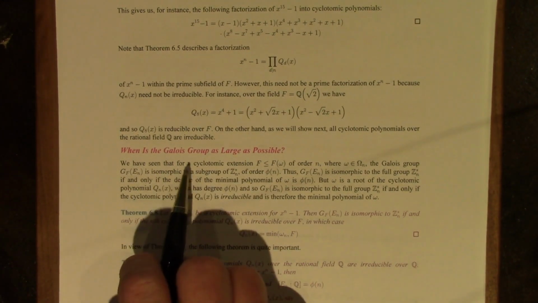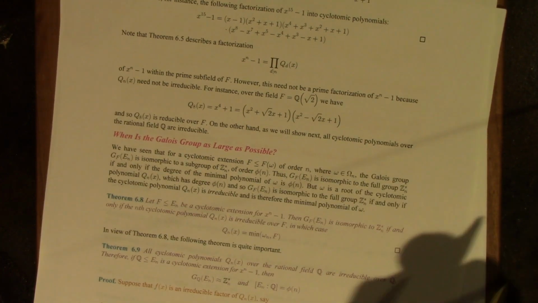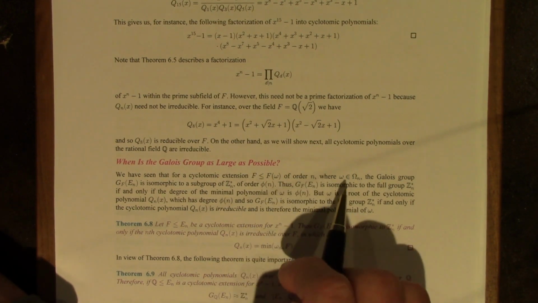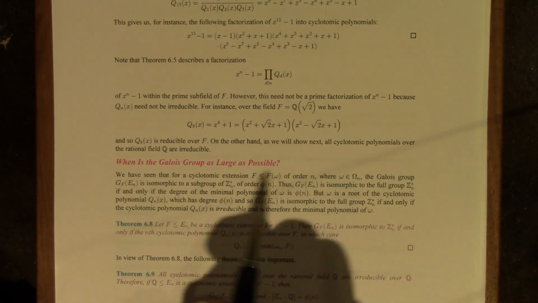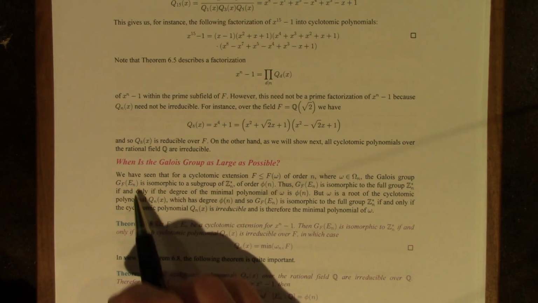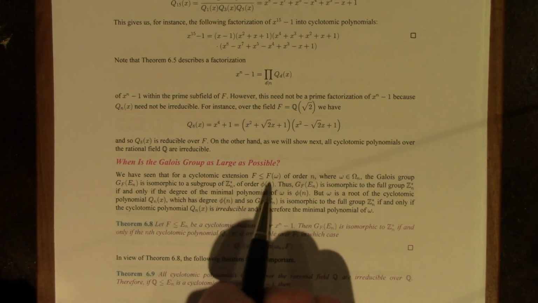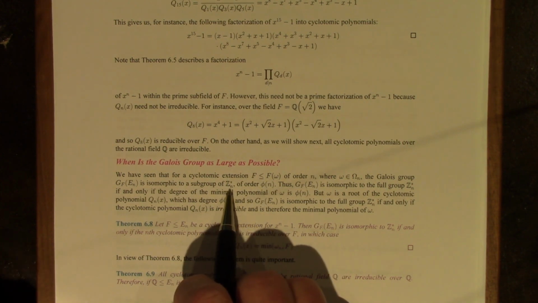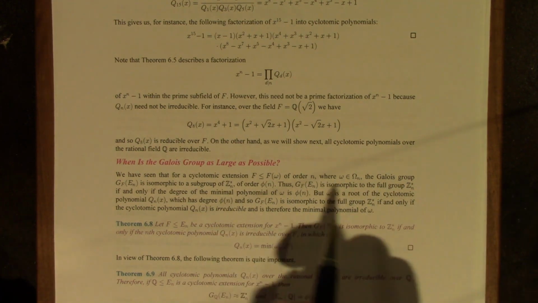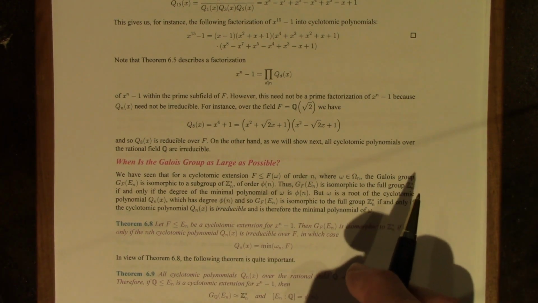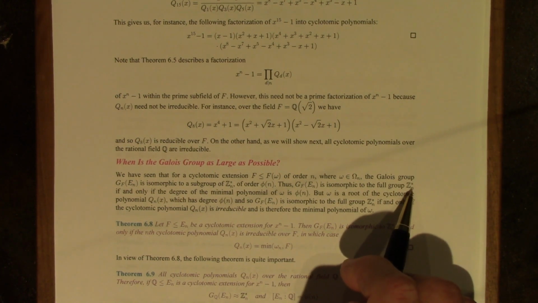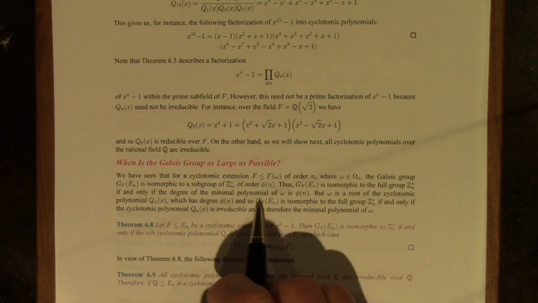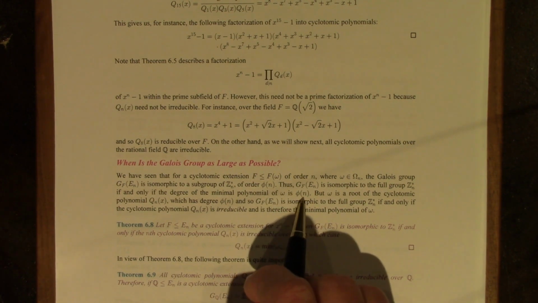So we've seen then that for a cyclotomic extension of order n, so omega is a primitive nth root of unity, the Galois group is isomorphic to a subgroup of Zn star, which has order phi of n. So the Galois group is isomorphic to the full group Zn star if and only if the degree of omega, which is the degree of its minimal polynomial, is phi of n.